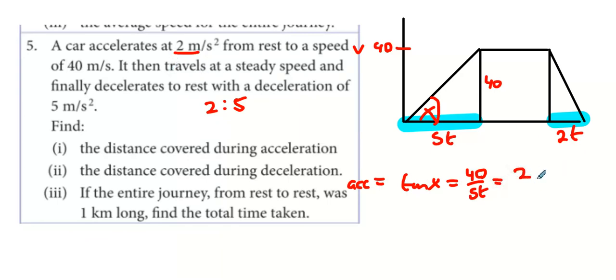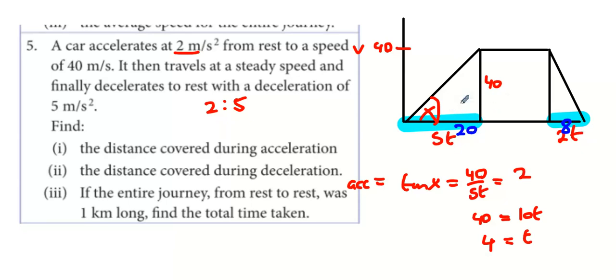Equals 2, doesn't it? So 10t equals 40, and after that, t equals 4. So there's some easy money for you, okay? So this time here is going to be 20, and this time at the end is going to be 8.